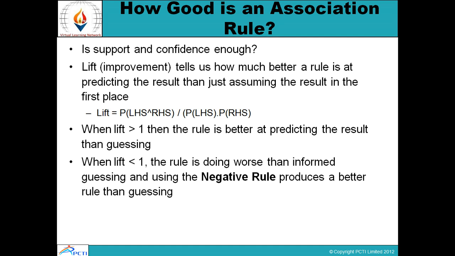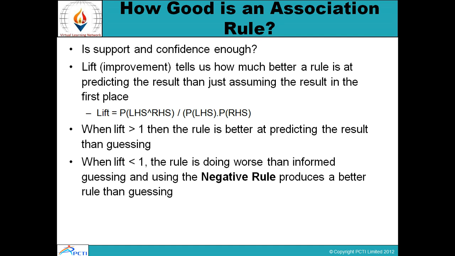Now let's learn how good an association rule is. Is the association rule supported enough or confident enough? In this regard, lift or improvement tells us how much better a rule is at predicting the result than just assuming the result in the first place.